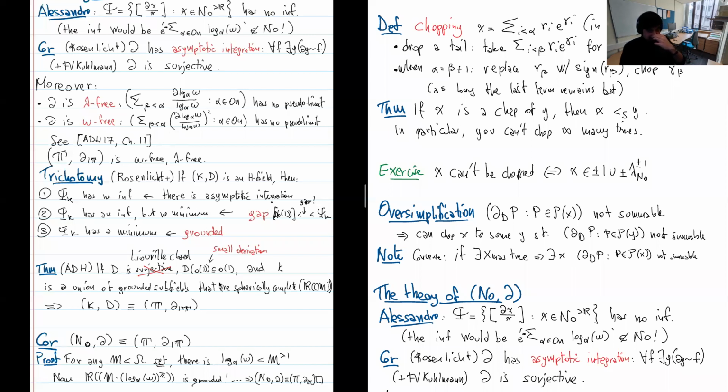And there you really use spherically complete to find solutions, because the machinery you want is not unlike what Alessandro was doing on Monday, saying that if you have an asymptotic integral, you can find an actual integral by taking successive terms in which every time you integrate, you take the asymptotic integral of the error term.